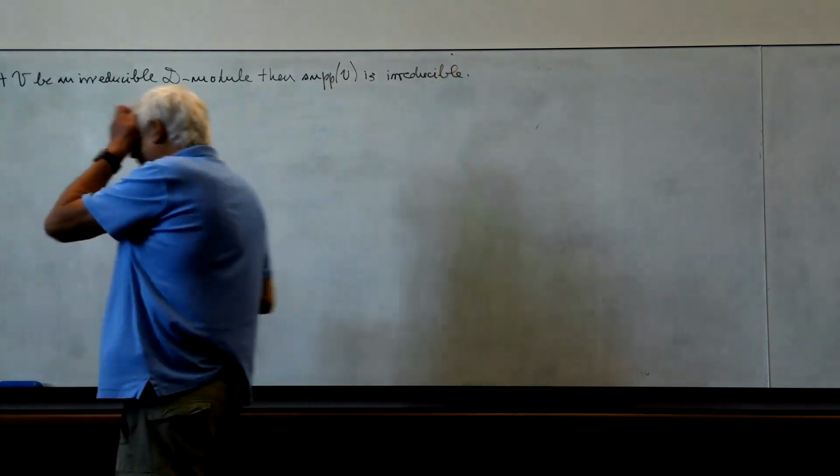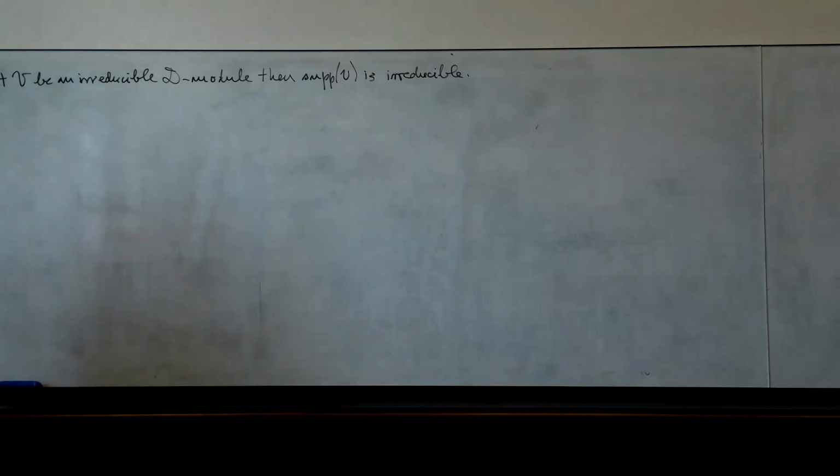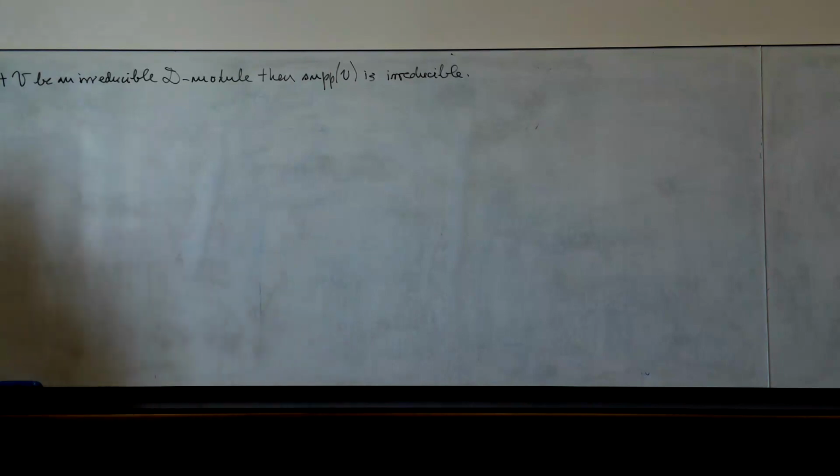Yeah, I had to remind you that we had this discussion a couple of classes ago about the definition of support. So the definition I'm using is that support is always closed.